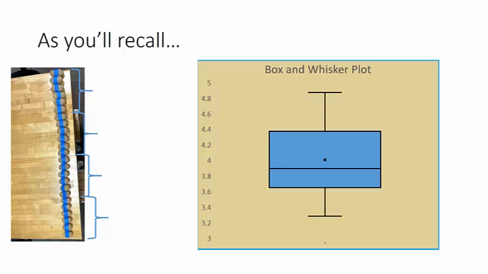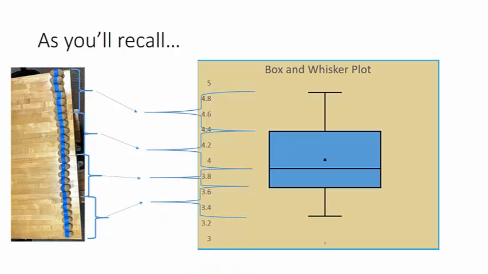And we can use the box and whisker plot to see the lengths of the potatoes in each of the quartiles. The 6 smallest potatoes on the bottom have a range of length values as shown in the box and whisker plot, and the 6 longest potatoes have that top range of lengths.